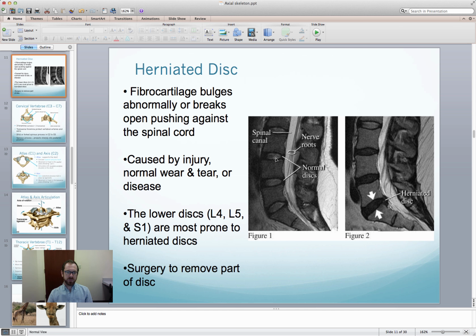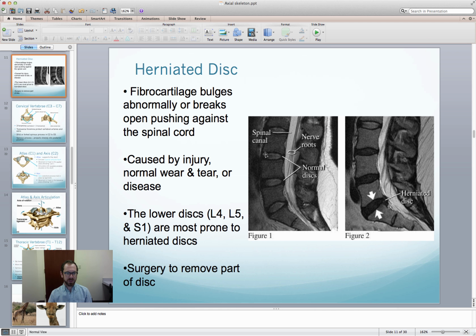Now, intervertebral discs are prone to injury, and if you've ever heard of a slipped disc or a herniated disc, this is when that fibrocartilage bulges out in between two vertebrae. And this causes immense pain because the fibrocartilage is pushing against the spinal cord, and this causes a lot of pain.